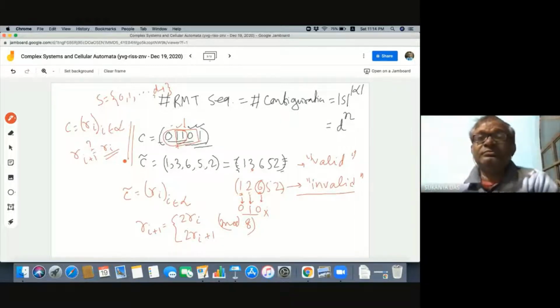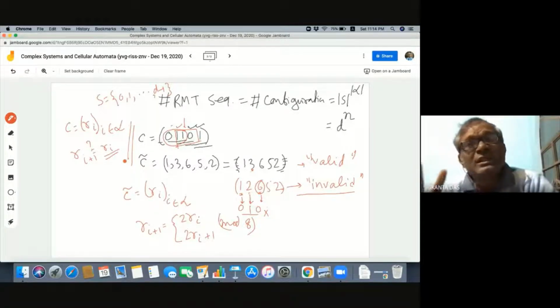Okay. So therefore, what is the conclusion? The conclusion is that an arbitrary arrangement of RMTs cannot form an RMT sequence, right?